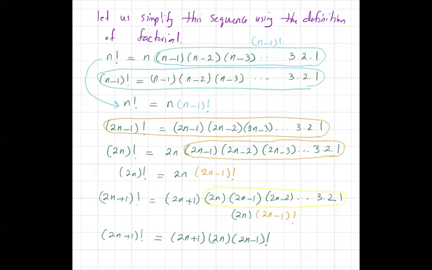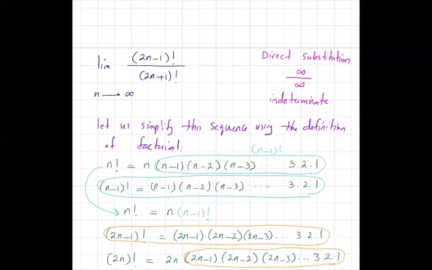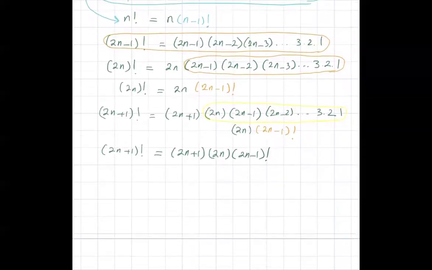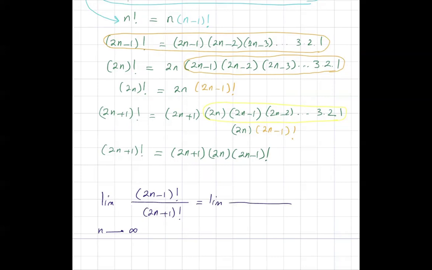Why is it helpful for us? Let's go back and copy down the original limit. You're finding the limit of the factorial ratio. I'm not going to change my numerator. My numerator is (2n minus 1) factorial, but my denominator can be written as (2n plus 1) times 2n times (2n minus 1) factorial.